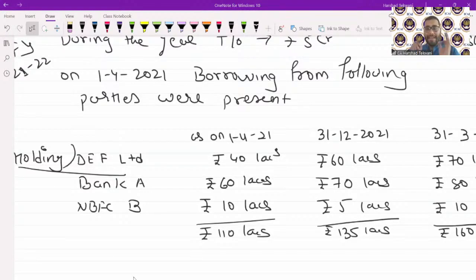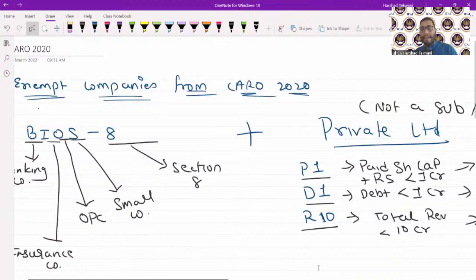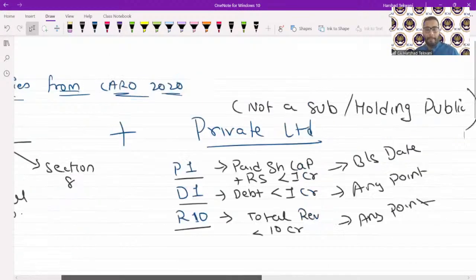Clear? Any doubt? Understood? Jay, Vidula, Srinidhi, Priya, Harshad, Kuldeep, are you getting my point? So the conditions are for the private limited company, if the private limited is not a subsidiary or holding of a public limited company.